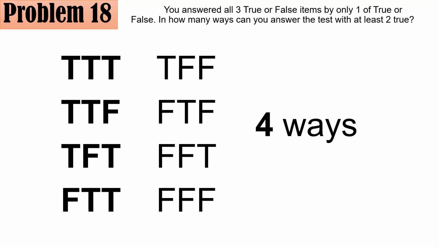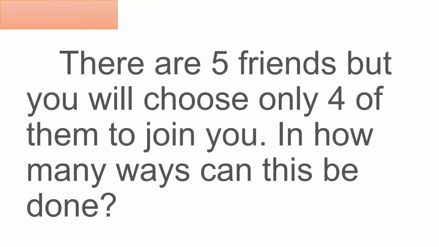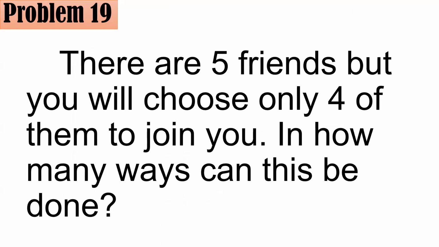Number 19. There are five friends, but you will choose only four of them to join you. In how many ways can this be done? What's your guess or what is your answer here? So to answer this one, let's try this.